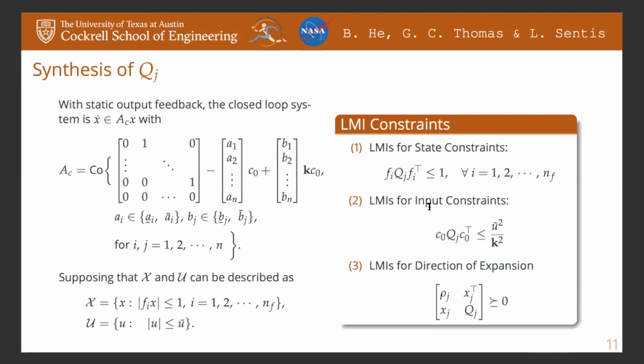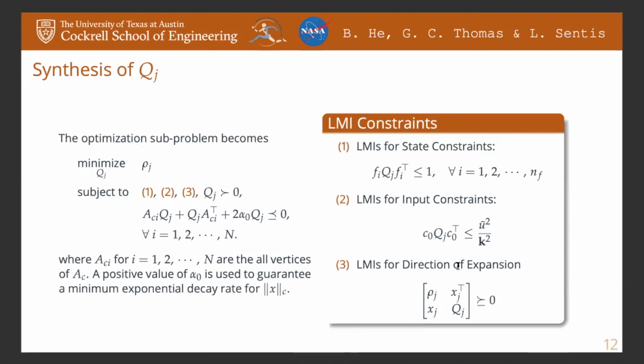For the composite quadratic Lyapunov functions, we want to have an additional LMI to constrain its direction for each ellipsoid. So we can let the unit level set of each of these quadratic Lyapunov functions expand in different directions such that the overall region of attraction for the composite quadratic Lyapunov function is improved. We can also encode a minimum decay rate in the LMI for the Lyapunov function stability.